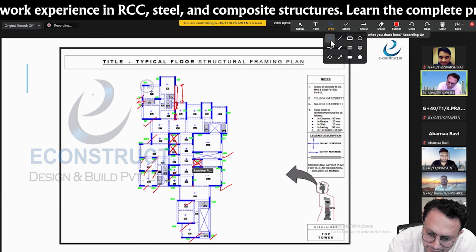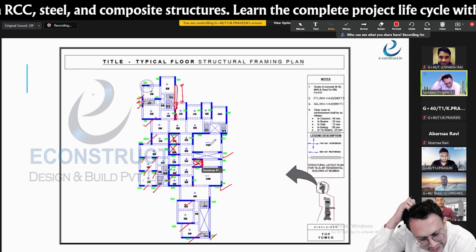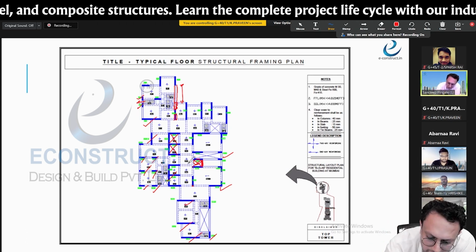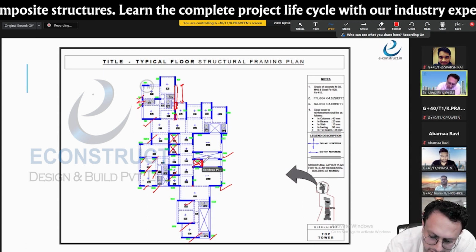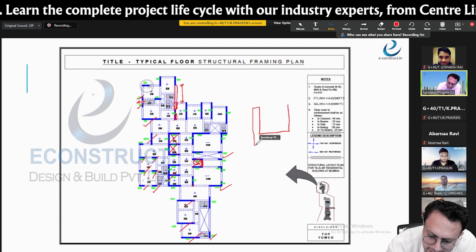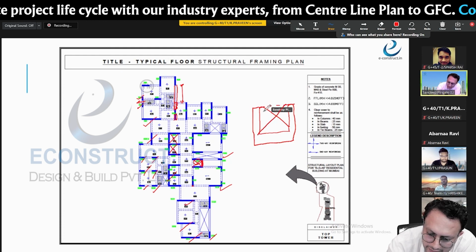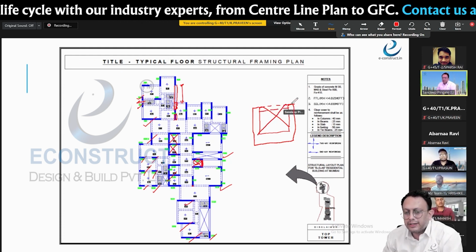And since it's a Mumbai project, generally what happens is wherever there is a shear wall, the core, I mean the lift, for the lift we have to have something like this. All the three sides there should be the opening.